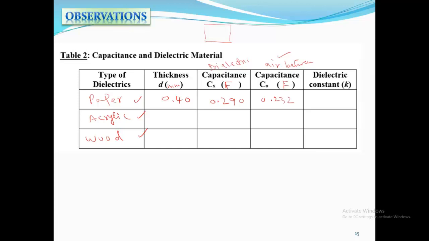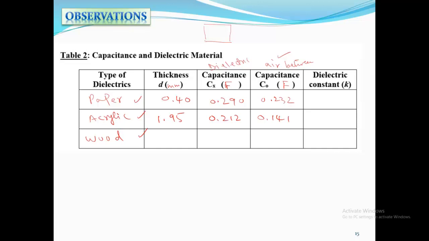Okay, and then I change the material with the acrylic, with the transparent material, not the glass, 1.95 its thickness. When I measure the capacitance from the capacitance meter, this much, and when I remove the dielectric, I get 0.141.